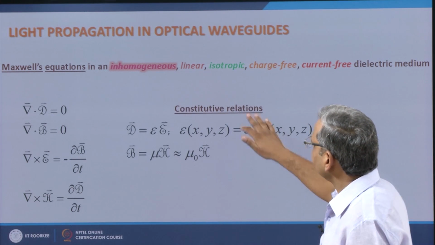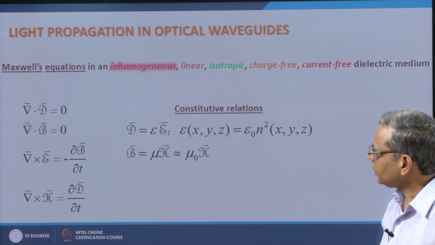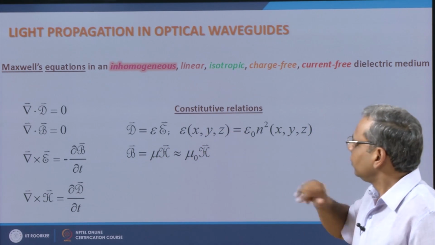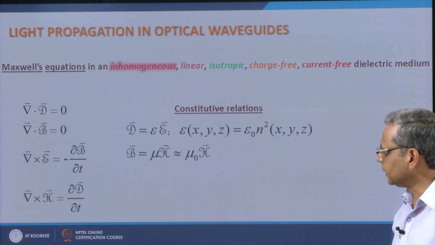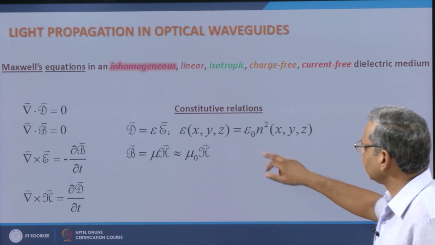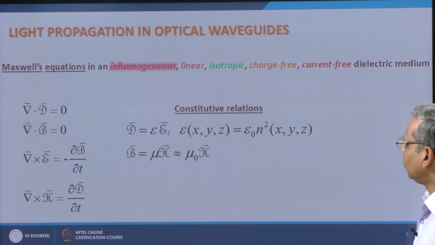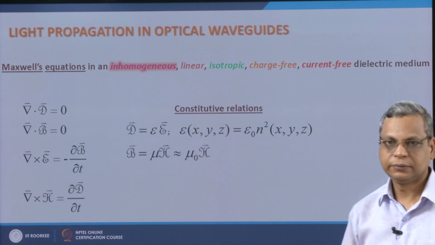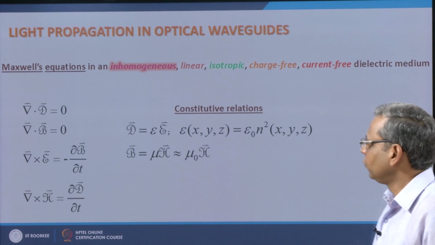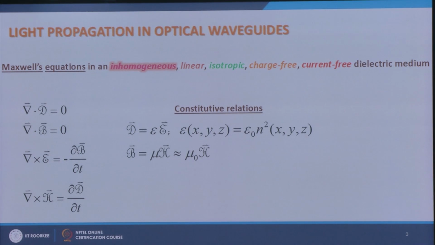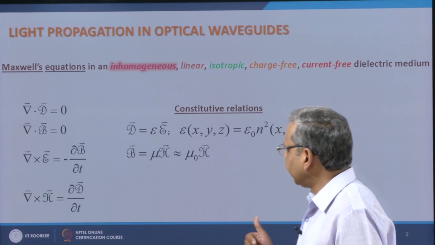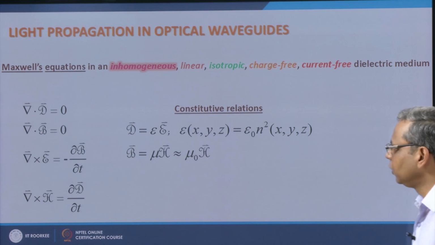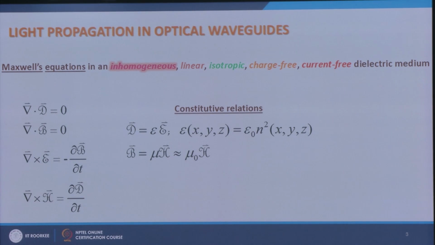But now if I look at constitutive relations, then D is equal to epsilon E. This epsilon is now in general a function of x, y and z, which is nothing but epsilon naught times n square of x, y and z. So, this is not a constant scalar now, which was the case for an infinitely extended medium. And again I am talking about a dielectric. So, B is equal to mu H, which is essentially mu naught times H, because it is a non-magnetic medium.